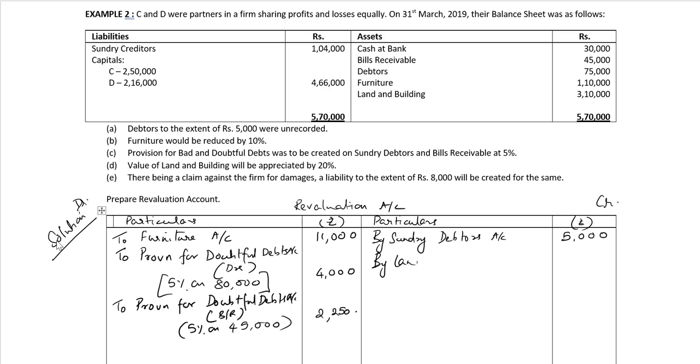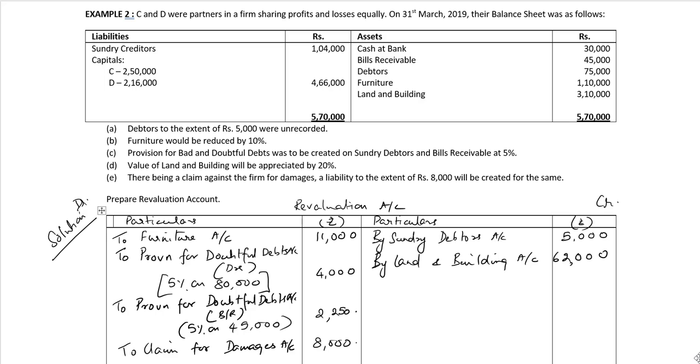So we have by land and building, there's an increase in the value of assets. 20% on the value of land and building, which comes up to 62,000. And finally, there's a claim for damages, claim for damages account, rupees 8,000.